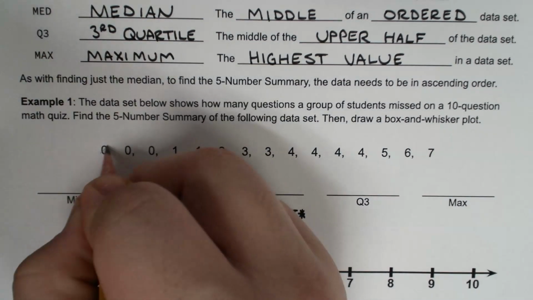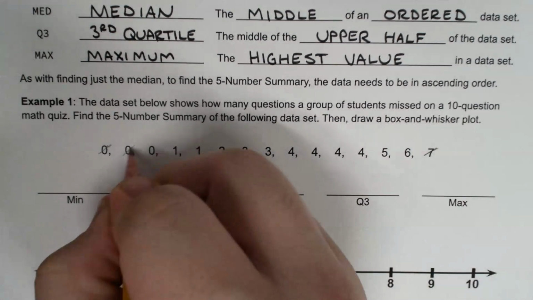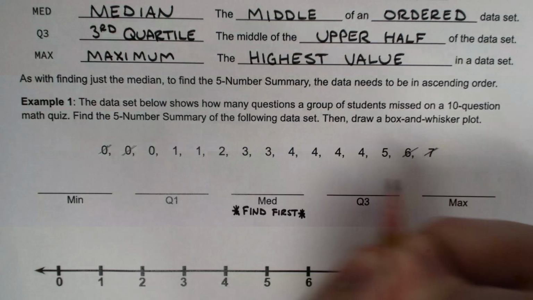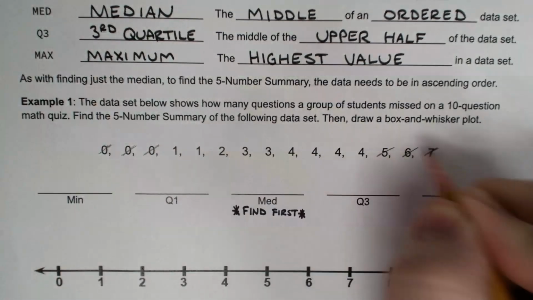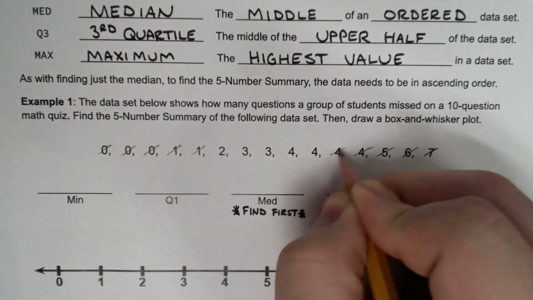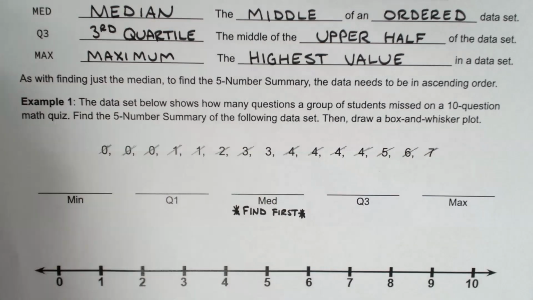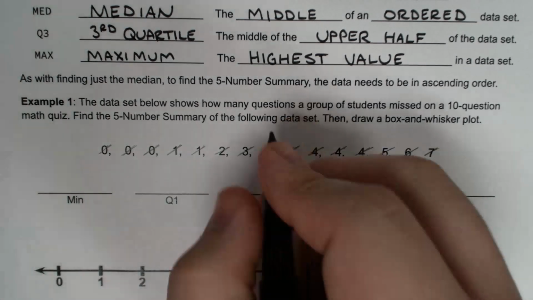So I'm going to cross out the 0 and the 7, and then the 0 and the 6, and the 0 and the 5, and so on. And that leaves me with 3 is my median.